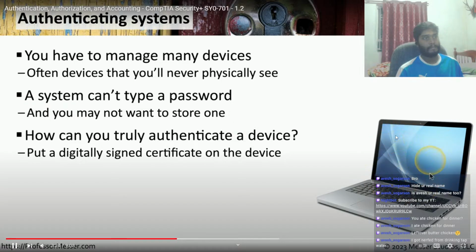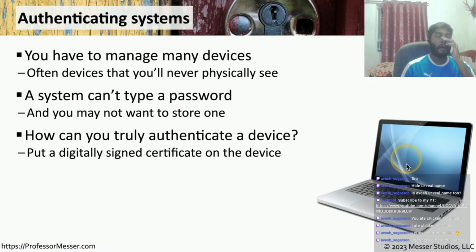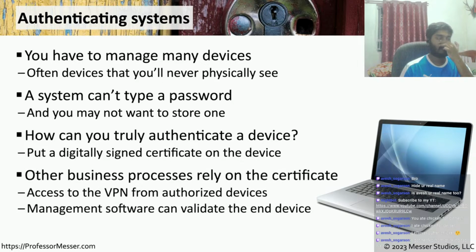system is allowed to be on our internal network? How do we provide that additional authentication? In many cases, we use a certificate that we put onto this device that is digitally signed, and we check that authentication during the login process. This allows anyone needing to provide that verification with a way to confirm that that really is a company-owned laptop. This could be on a VPN concentrator so that it can verify that the devices coming into the network really are company devices, or perhaps it's management software that can validate that end device that may be either on our local network or anywhere in the world.